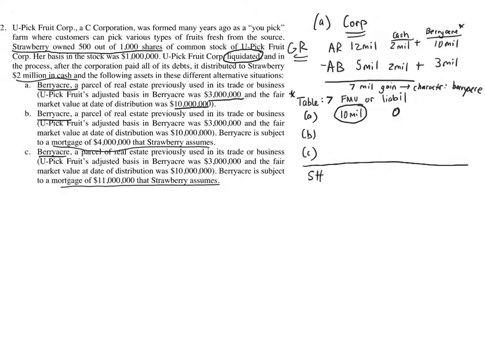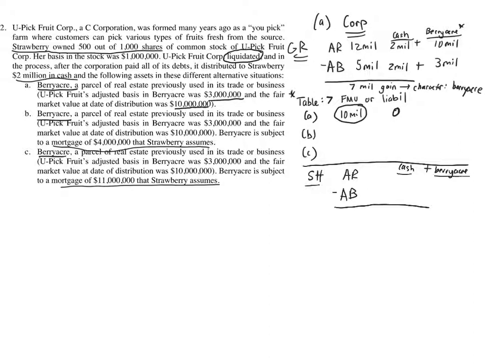What about the shareholder? We do amount realized minus adjusted basis. Amount realized is what the shareholder is getting. Again, think back to Module 1, Module 2, what the shareholder is getting. The shareholder is getting cash and Berryacre.